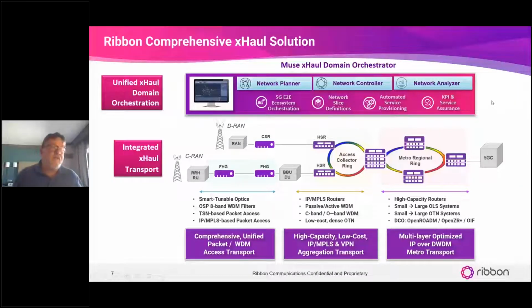Muse in and of itself would warrant a tech talk, so we're not going to dive deep into it, but this is the tool that is required to manage not only the existing networks that we have out there, but to manage and orchestrate as you move into the CRAN, vRAN, and ORAN. It is designed to support all of these, depending on where they are in your network, in a unified fashion.